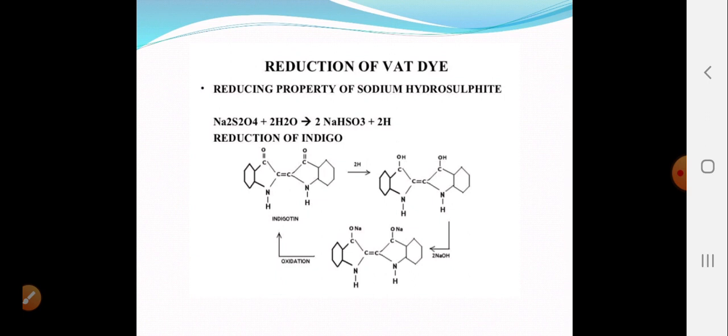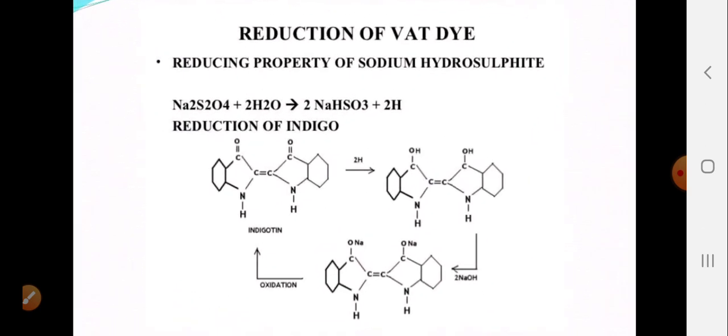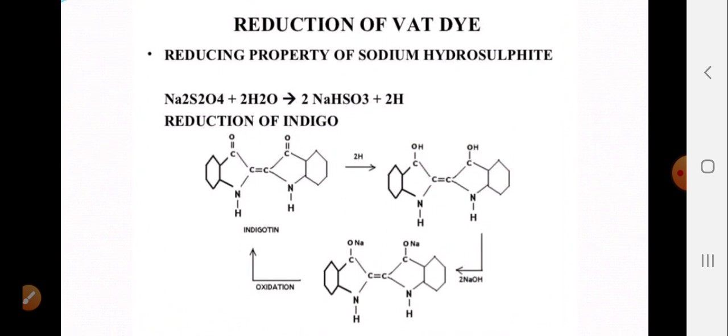This is a chemical reaction of reduction of vat dye, using the reducing property of sodium hydrosulfite. Reduction of indigo is taking place. On reduction, it becomes water soluble.